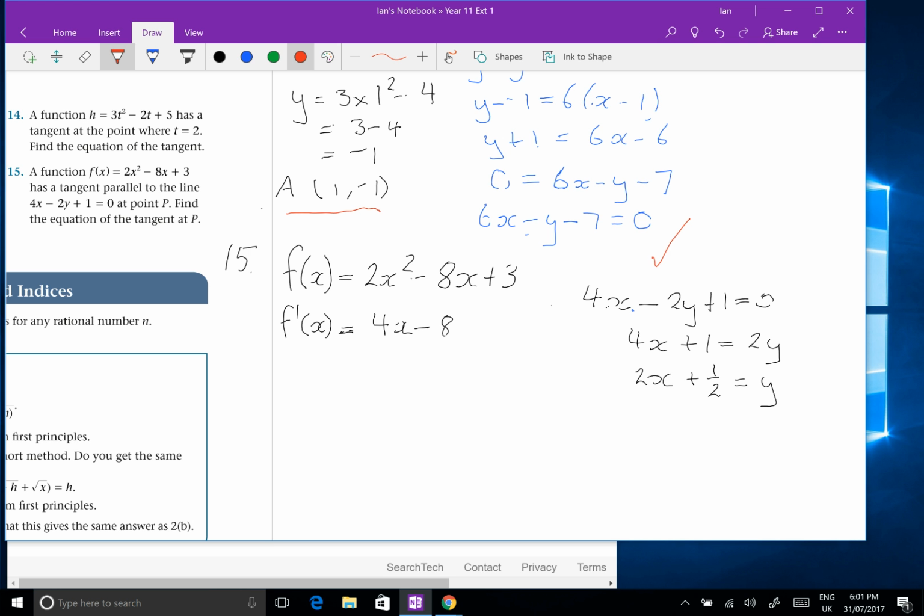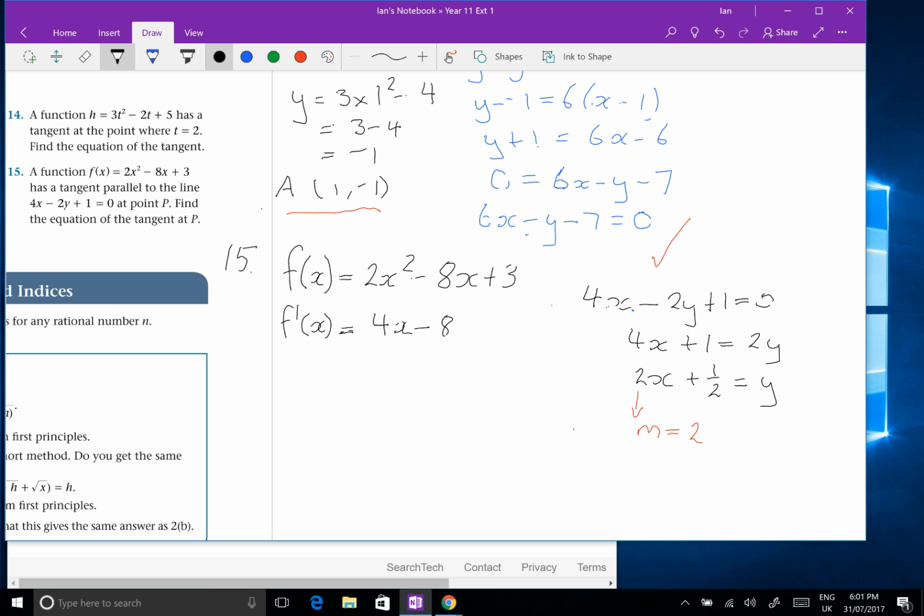And I can quickly see that the gradient equals 2. Because when it's written in the form y equals mx plus b, whatever is in front of the x is the gradient. So now I know the gradient is 2. So I go back to this equation.